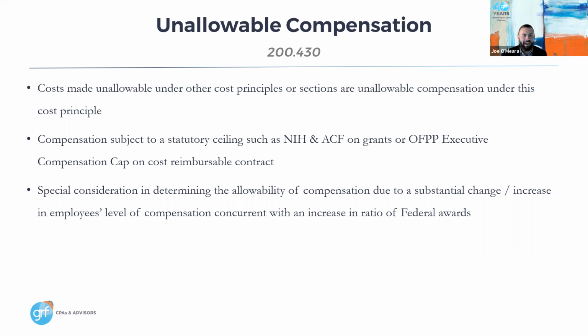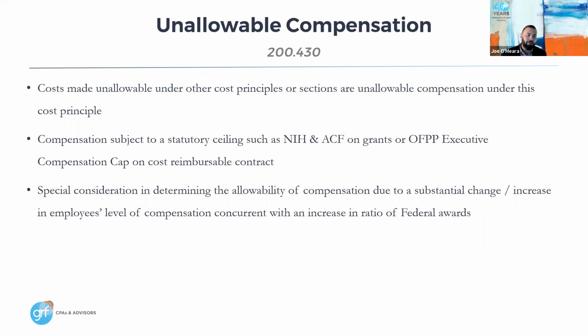Clearly someone back in the day was a little tricky and tried sneaking that through. And so OMB decided to be explicit here and note that if it's not allowable under any other cost principle, you can't disguise it as a compensation type cost to an employee in order to make it an allowable cost.